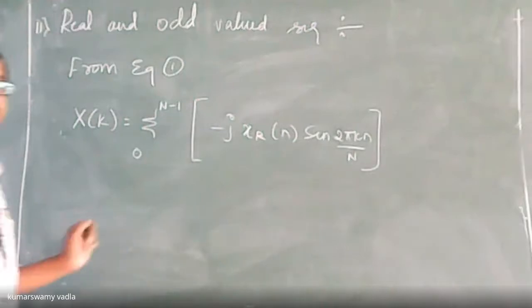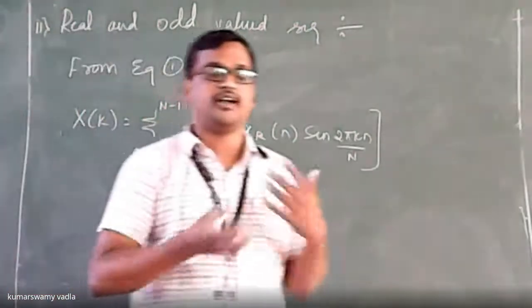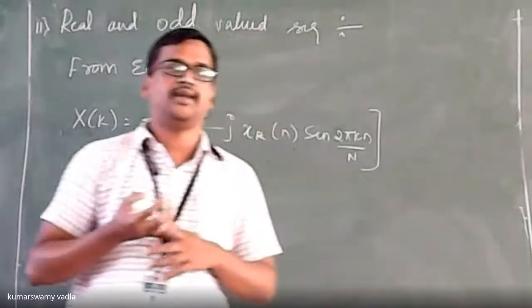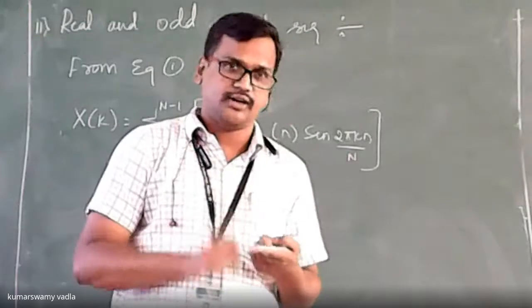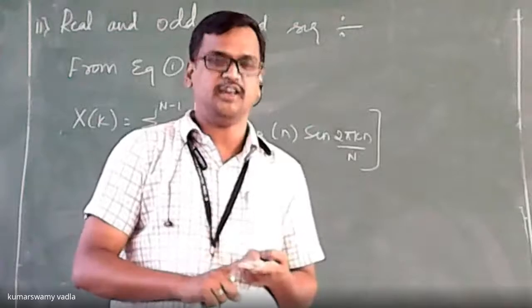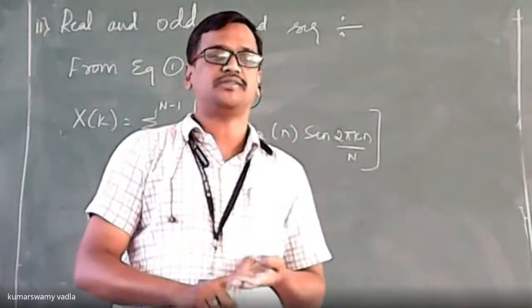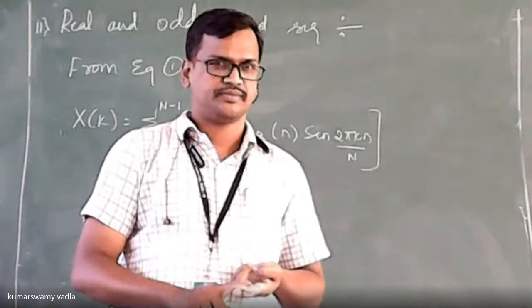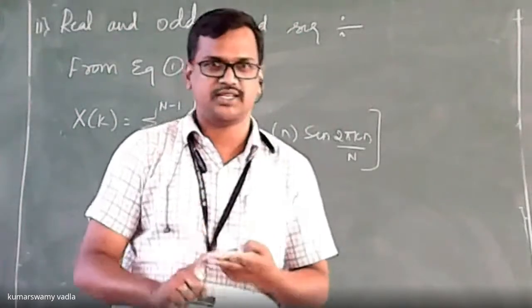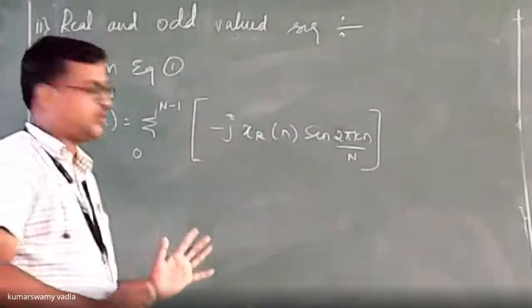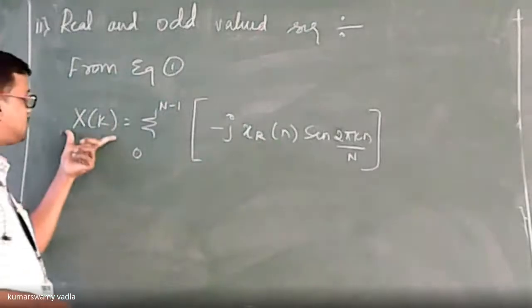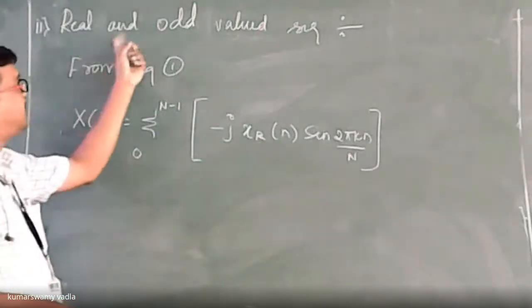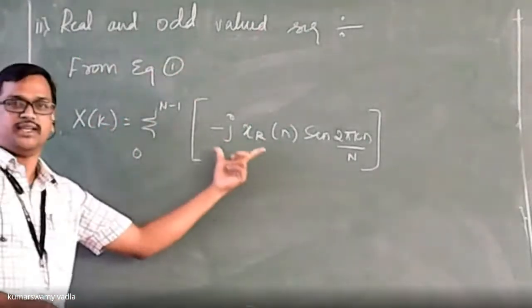Another two terms I neglected. Why? Third and fourth? Can anybody tell me? Imaginary terms. Yeah, third term possess imaginary. Fourth term possess imaginary term. Henceforth, my x of k for real and odd sequence will be this.